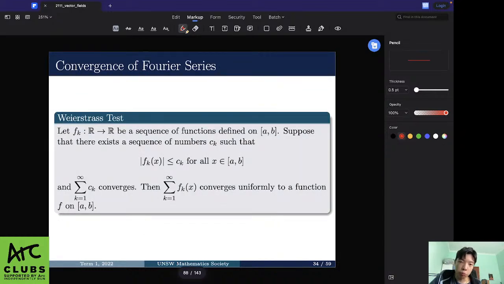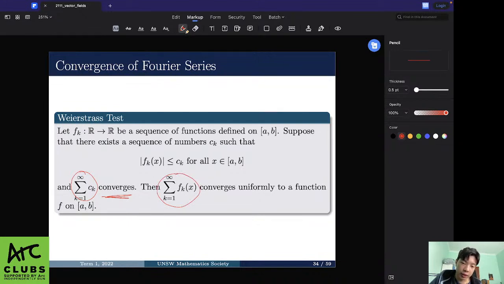Now, there's also a Weierstrass test, which is a way we can see if a given Fourier series actually converges uniformly. What it means is we essentially just find a bigger series that also converges, and this series has to be bigger than our Fourier series.